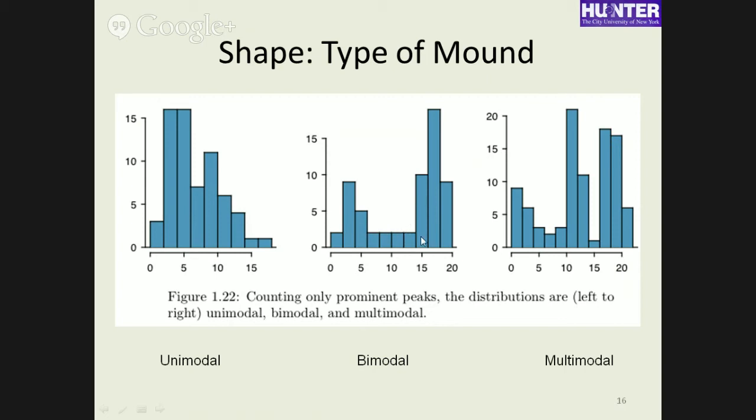This is what we would call a distinctly bimodal distribution. And since there's this one bin here with very, very few counts, this might be a multimodal distribution, which is pretty rare to come across.